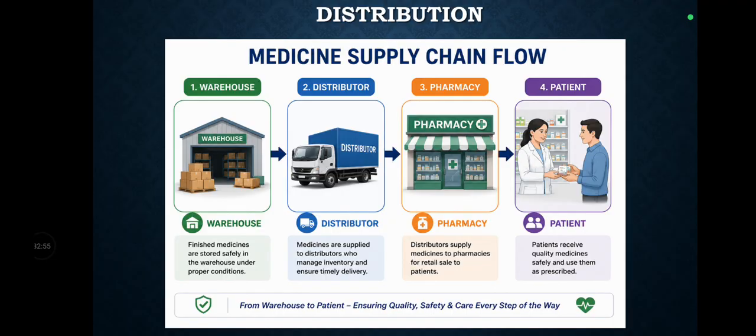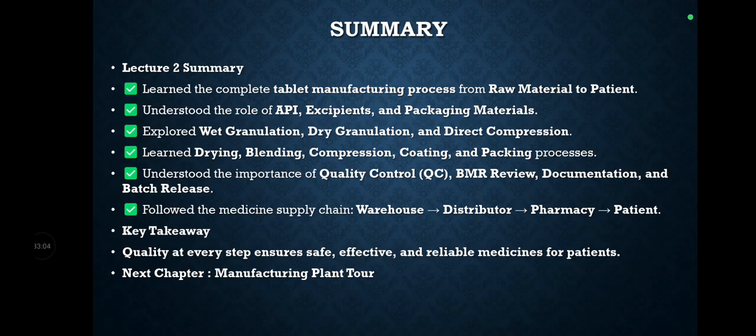So this is the distribution process and supply, which is helpful in the journey of the tablet from the raw material to the patient. This is the basic journey of the tablet, how to manufacture the tablet. Hope you understand. We summarize this chapter 2: we learned the complete tablet manufacturing process from the raw material to the patient.